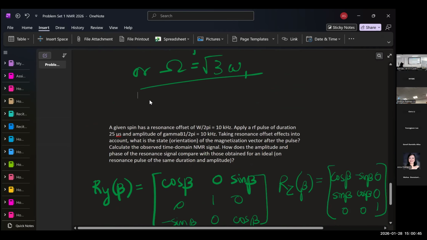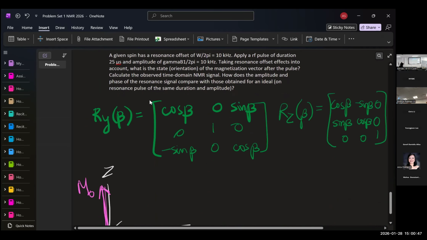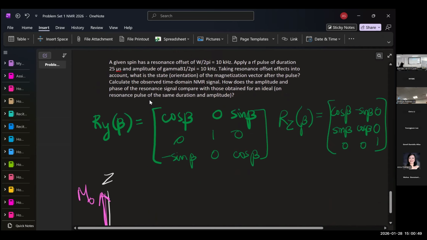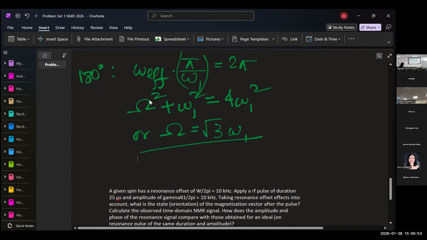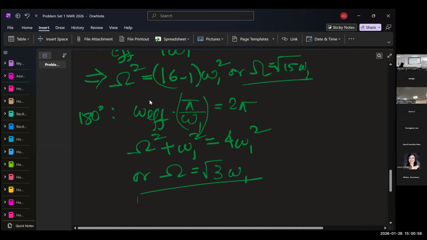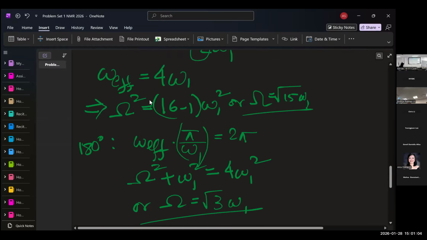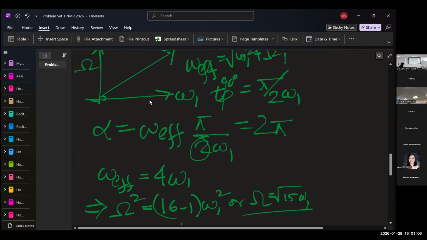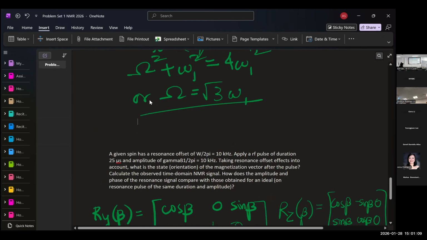Okay, that was problem number 4. One more thing to say about that is it should drive home that the rotation angle off resonance is always larger than the on resonance rotation angle, because the hypotenuse is always longer than either leg of a right triangle.